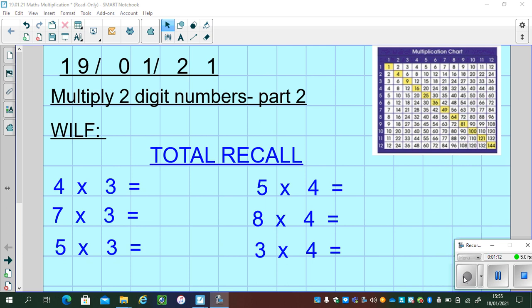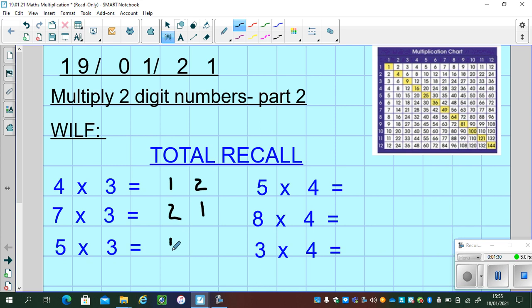Okay, welcome back. Let's go through our answers to our total recall together. So 4 times 3 or 3 times 4 is 12. 7 times 3 or 3 times 7 is 21. 5 times 3 or 3 times 5 is 15. Well done if you got those correct.